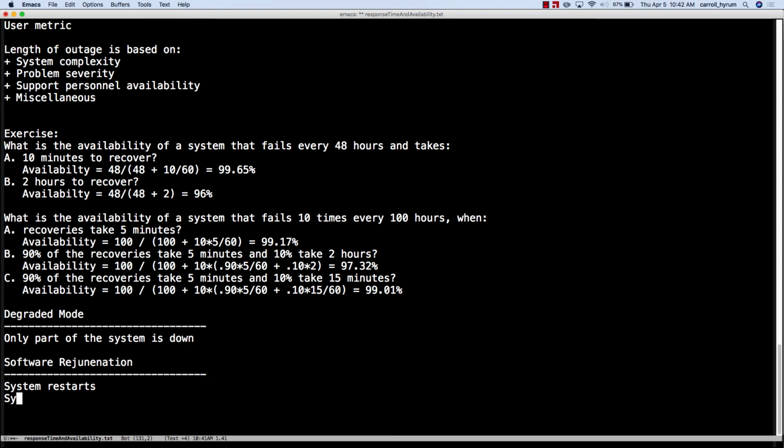You can also do system cleanups. You can look at different resources and proactively take care of them. This is partial rejuvenation. And you can do application restarts. This is also partial rejuvenation. An application restart might be, you could do a client server model, or you could have multiple threads and you could say, wow, that thread's taking a long time.